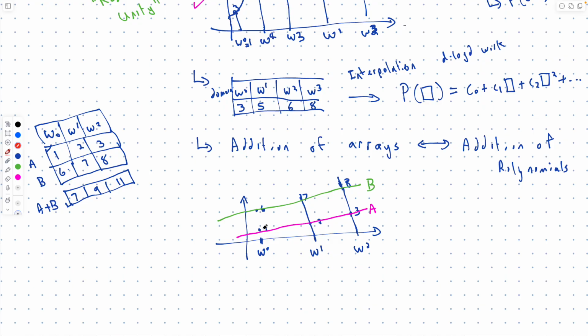If I add them together, what's 1 plus 6? Well, it's 7. Okay, so my polynomial will be just the sum of what it is at each point. 2 plus 7 is 9, and 3 plus 8 is 11, and so I'll get polynomial A plus B. Okay, so if I add them together as polynomials, I get the sum at every point, and if I add the arrays together, I get the sum at every element of the array.